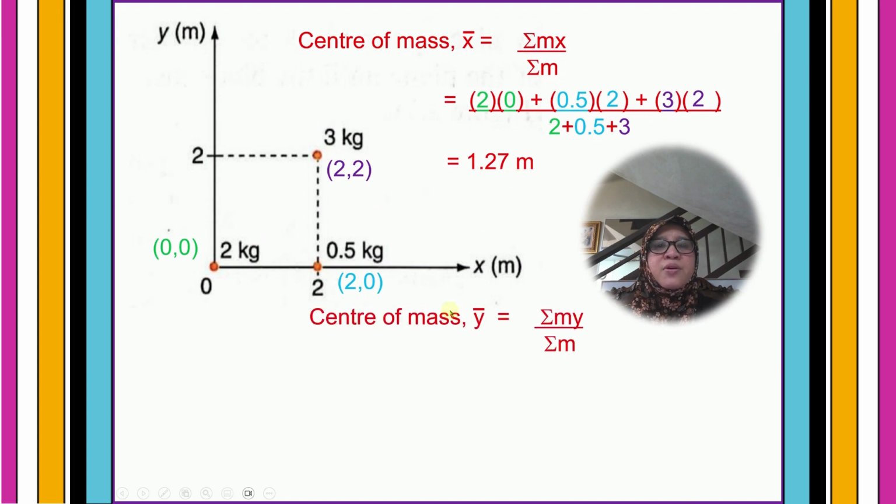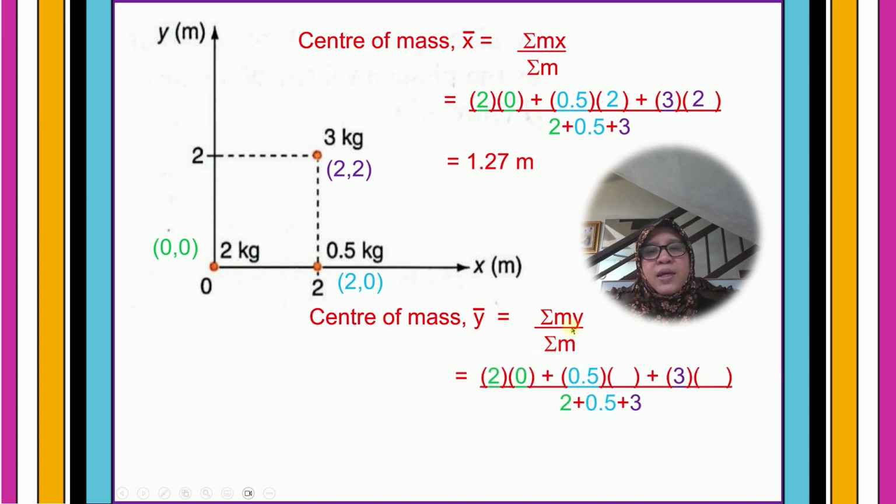Then for y, the center of mass along y will be mass times y coordinate. So 2 times 0, for the second one 0.5 times 0, and then 3 times 2, divided by total of mass, so we get center of mass along y will be 1.09. So this is y actually.